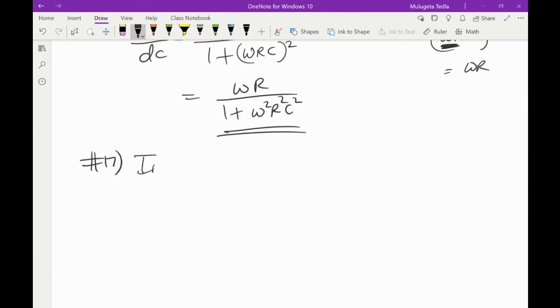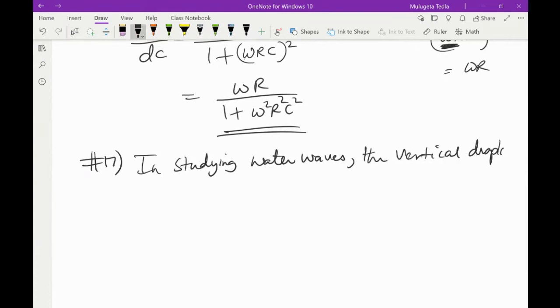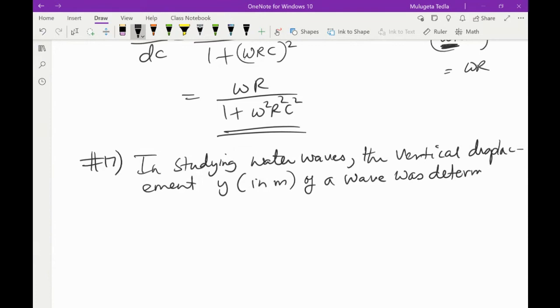Okay, in studying water waves, the vertical displacement y in centimeters or in meters of a wave was determined by y equal to 0.5 sine of 2t plus 0.3 cos of 2t, where t is in seconds.